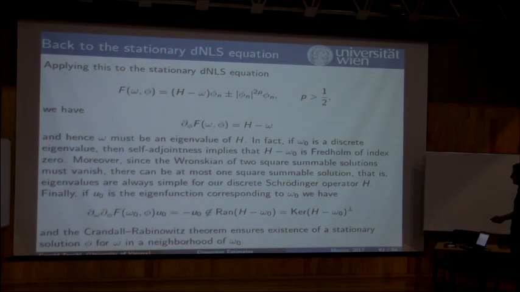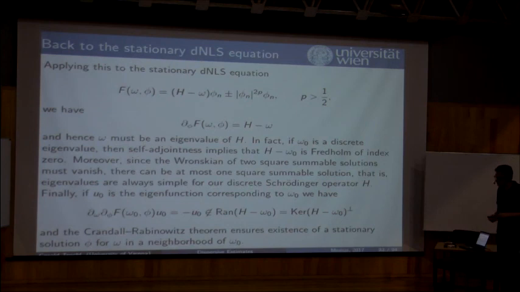Well, but u0 is in the kernel, so it's definitely not going to be in the orthogonal complement of the kernel. So also this condition is satisfied, and our Crandall-Rabinowitz theorem tells us that we have existence of a stationary solution in a neighborhood of this eigenvalue omega 0, and we could further go on investigating this situation.